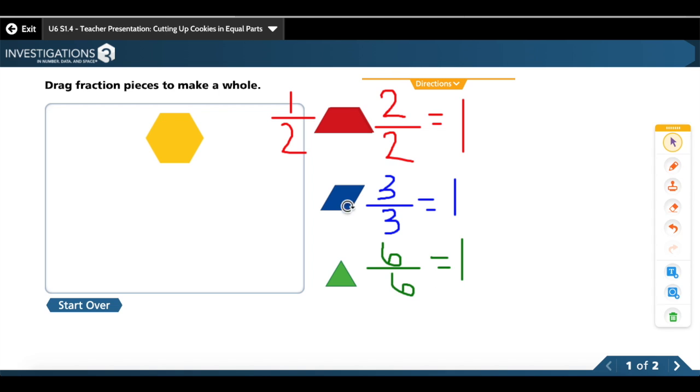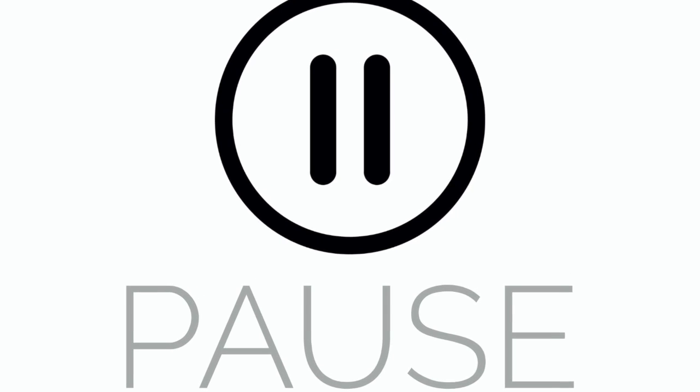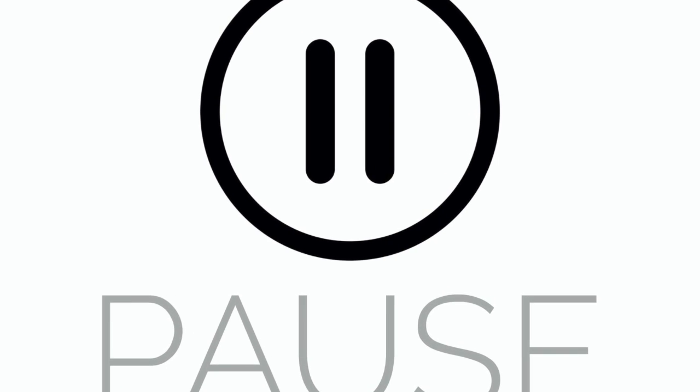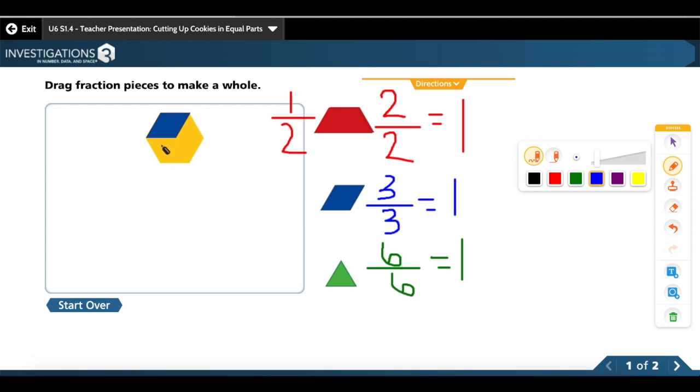What about if I did the same thing with just 1 rhombus? How much is filled here if I just have only 1? I know that I would have to divide it into 1, 2, 3 parts, and I only have 1. So my fraction would be 1/3.